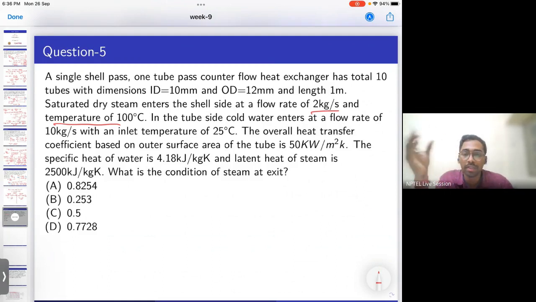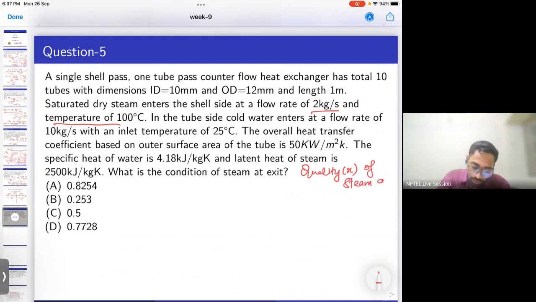And on the tube side, we have the cold water flowing at a rate of 10 kilogram per second and 25 degrees Celsius. We need to find out the exit condition of the steam, that is, the quality X of the steam at exit. This is the question. Okay.